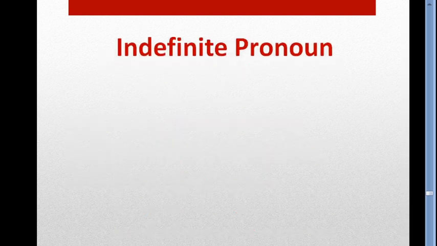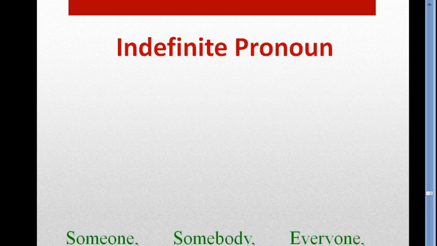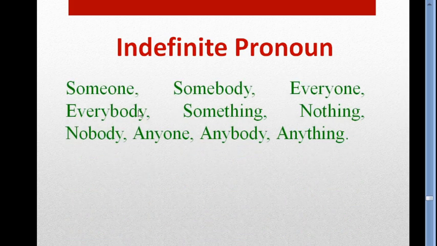Now indefinite pronoun. What are indefinite pronouns? Here you can see on the screen I have written some pronouns. These are indefinite pronouns: someone, somebody, everyone, everybody, something, nothing, nobody, anyone, anybody, anything. Now let's see some examples.